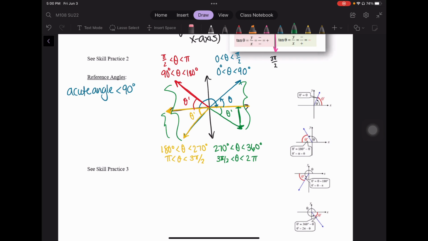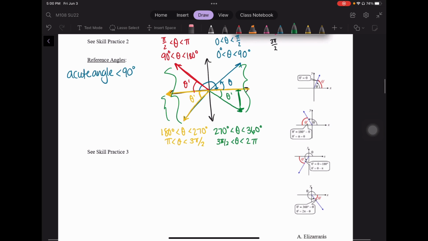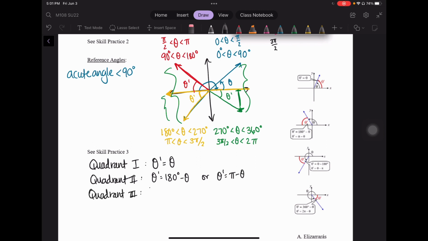So here are the rules for this. The reference angle in quadrant 1 is equal to the regular angle, the actual angle that you're given. The reference angle for quadrant 2 is equal to 180 degrees minus the angle, or pi minus the angle. The reference angle in quadrant 3 is going to be the angle minus 180 degrees, or the angle minus pi.